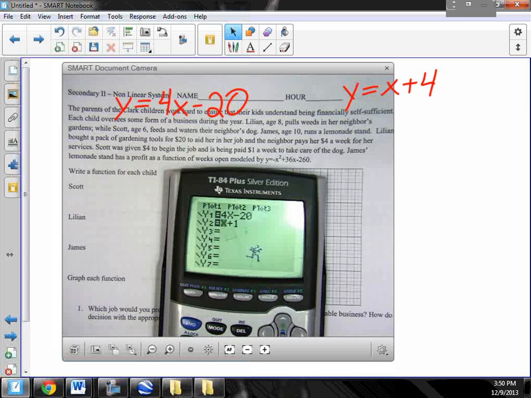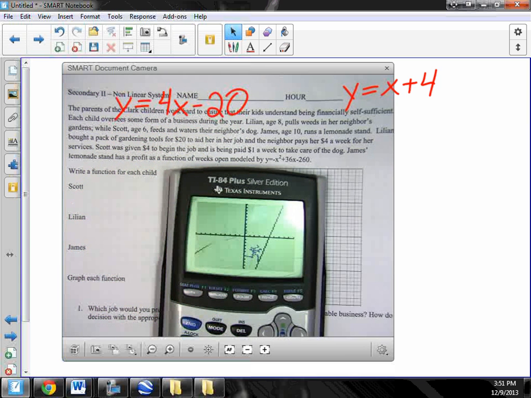Scott's I'll put in y2, x plus 4. And James's I'll put in y3, negative x squared plus 36x minus 260. And I push graph. You can see James's graph barely shows up at all.